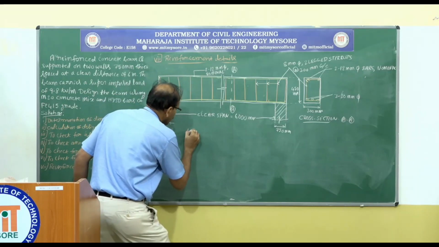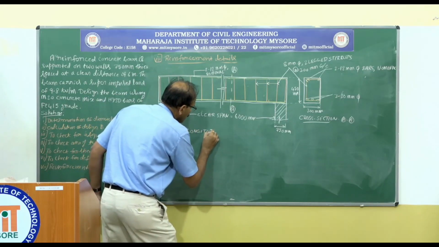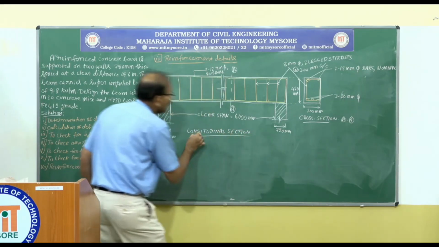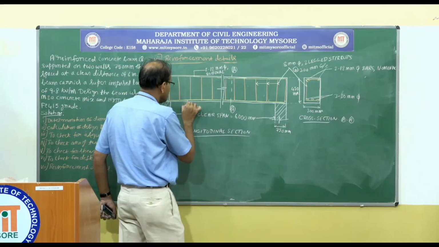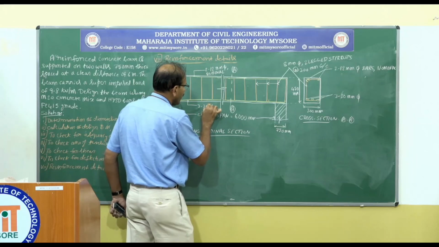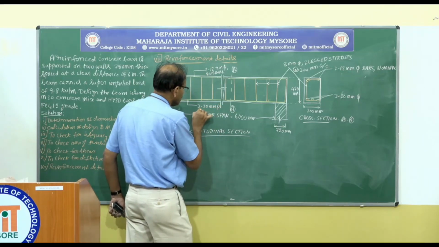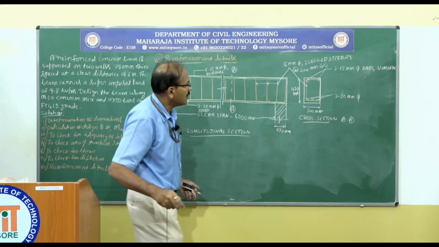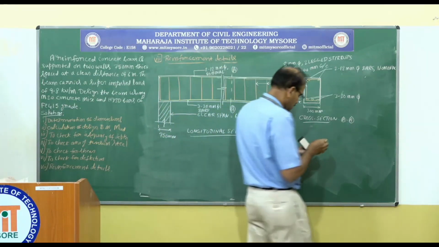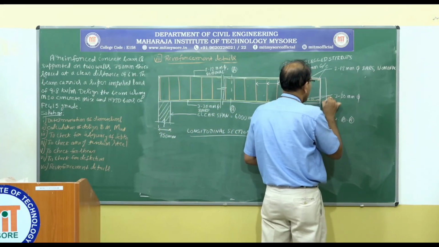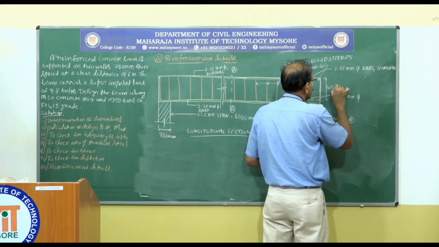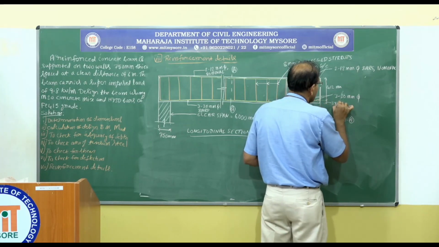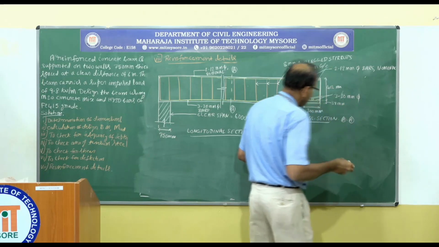This is the longitudinal section, and this is 3 of 20 mm dia bars. This completes the design, and of course this is the effective depth of 412 millimeter, and this is the effective cover of 38 millimeter.